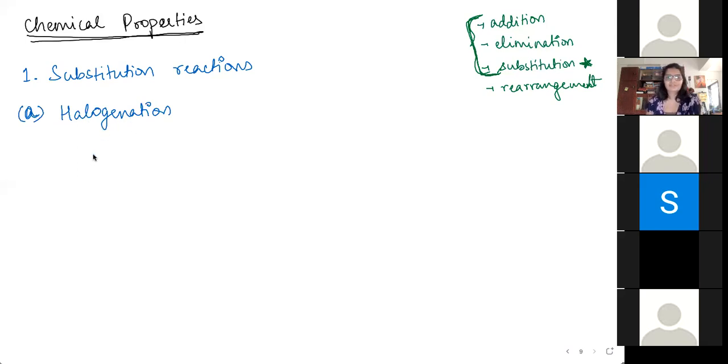So you take an alkane, react it with a halogen, and you end up getting a haloalkane plus HX. Haloalkane is basically your RX. For the halogen, you take X2.